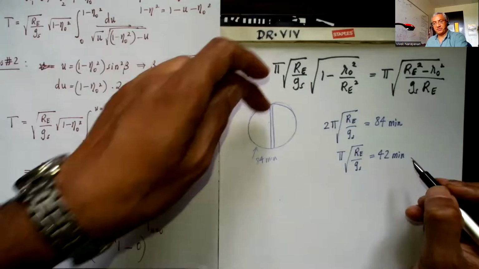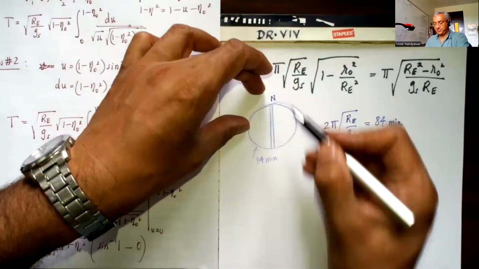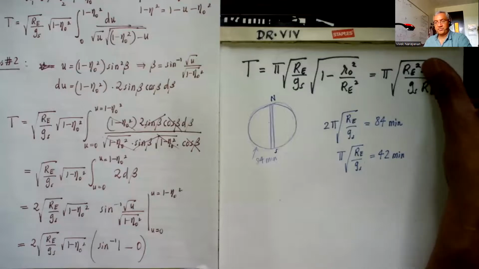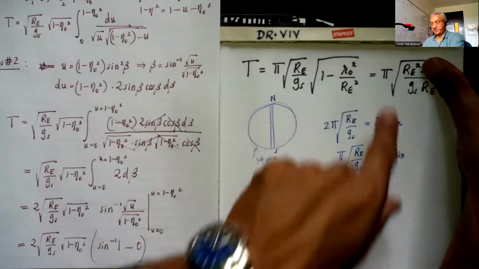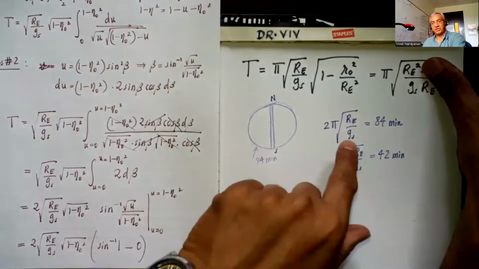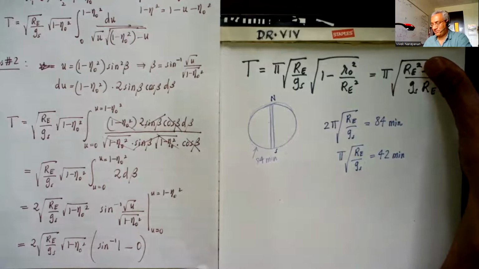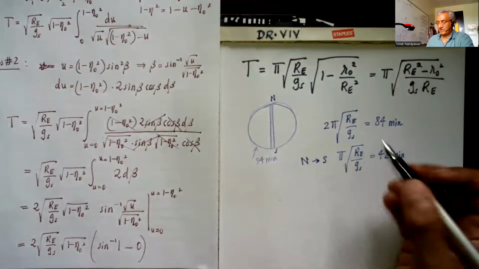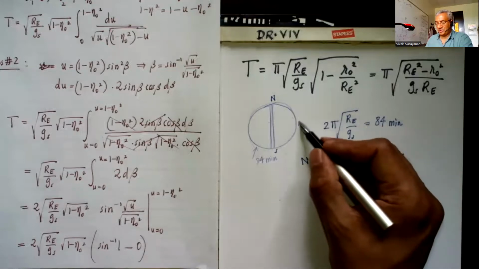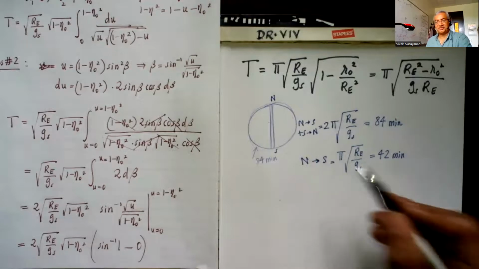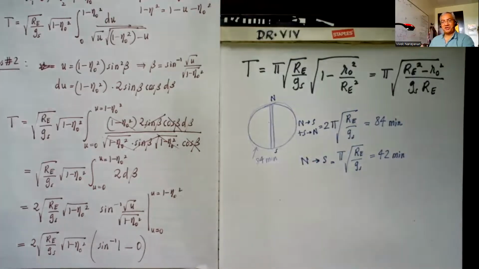And that's one-way travel from the North Pole to the South Pole. When r naught is 0, I get exactly that, because r sub e squared over r sub e is just r sub e. So I get the one-way transit from north to south. Okay, 84 minutes is north to south plus south to north, one full oscillation. That's just north to south. So we recover that important result in undergraduate physics.